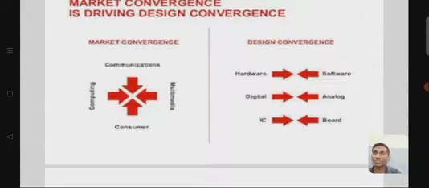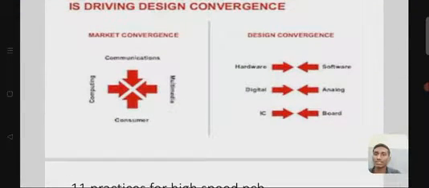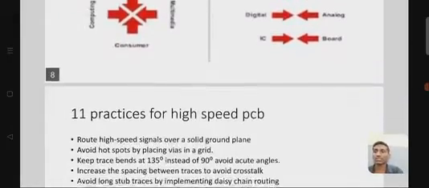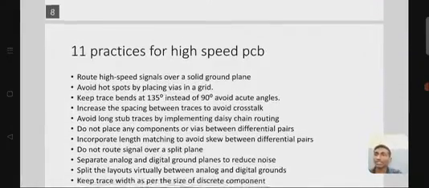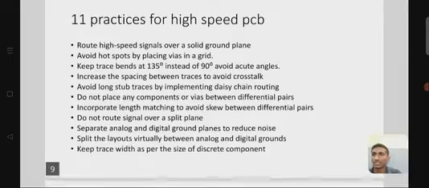These are different domains where we use high speed boards according to their convenience or convergence.